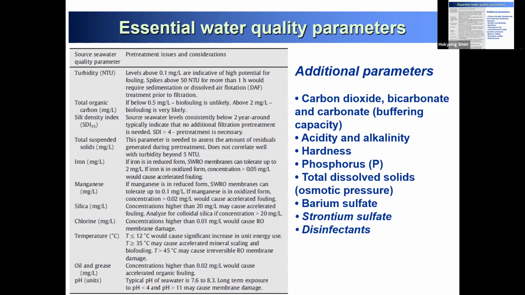The reverse osmosis membrane looks at the higher concentration, where your chemical potential is higher, and then you have an osmotic pressure. This osmotic pressure will design how much pressure we have to apply to detach your water molecule from the salt, so that only the water molecule can pass through.